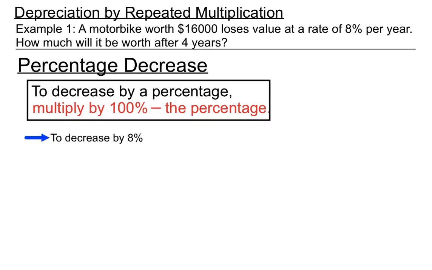So to decrease by 8%, we multiply by 100% minus 8%, or multiply by 92%. If we multiply by 92%, we'll get an amount that is 8% less than the original. It's easier to work in decimals, so we'll multiply whatever is going to decrease by 0.92 in decimal form. So we'll keep that in mind.